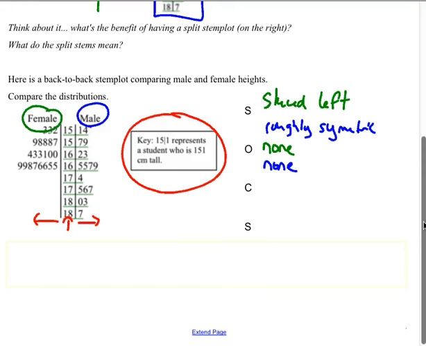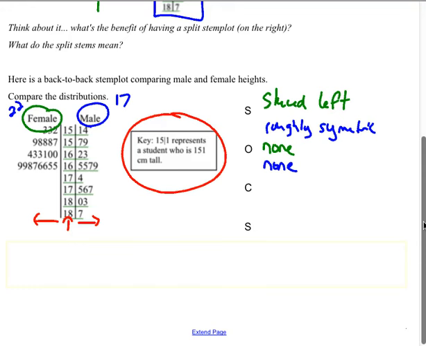I have no reason to believe that either one of these has outliers. All right, for center, so finding the median. Well, first, let's see how many kids there are. 1, 2, 3, 4, 5, 6, 7, 8, 9, 10, 11, 12, 13, 14, 15, 16, 17 males. 1 through 22 females. So 17 males, 22 females. So females, there's an even amount.